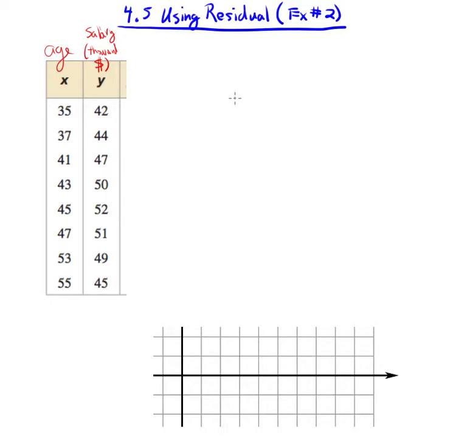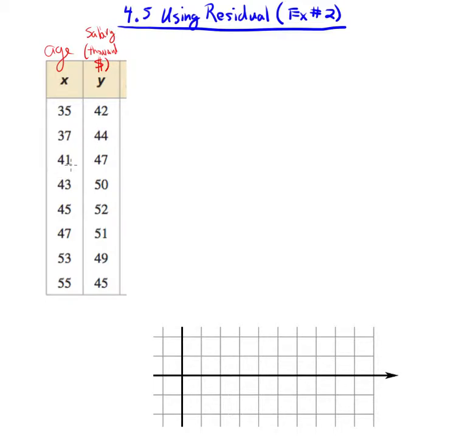We'll continue using residuals for the line of best fit with another example. So, example number 2. Pause the video and copy down this table of data that we're given, with the age of a person and their actual salary in thousands of dollars.